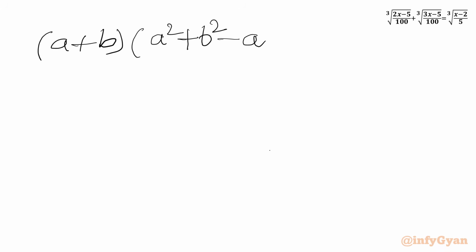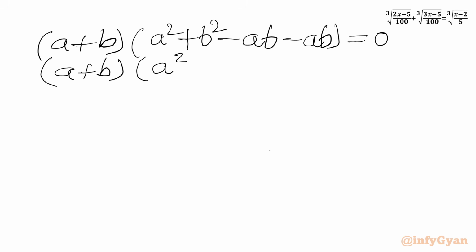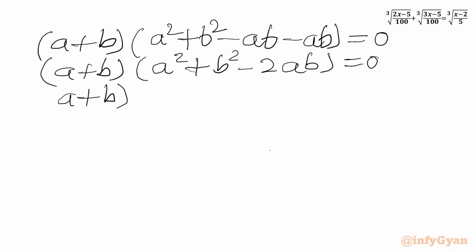In other bracket, we will write a square plus b square minus ab, and then we'll write minus ab equal to 0. So from here, we can write a plus b times a square plus b square minus 2 times ab, which is one algebraic formula. So we can write our equation a plus b times a minus b whole square will be equal to 0.